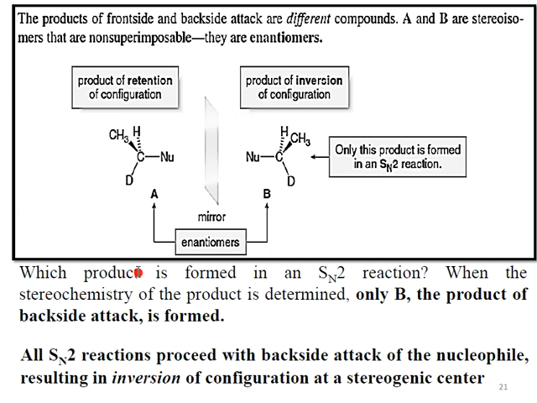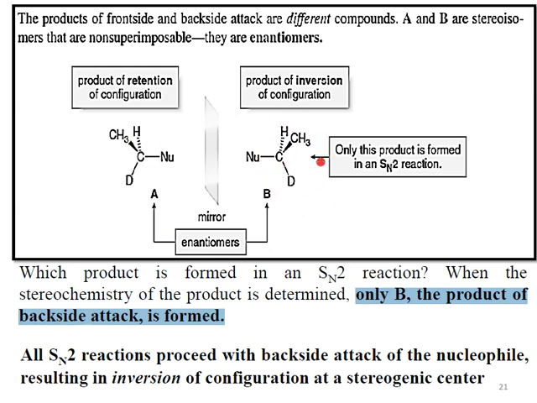Now, which product is formed in an SN2 reaction? When the stereochemistry of the product is determined, only B, the product of the backside attack, is formed. Look, this is very important. For the SN2 reaction, it will be just from the backside. Okay, only this compound will be formed. There is no this compound.